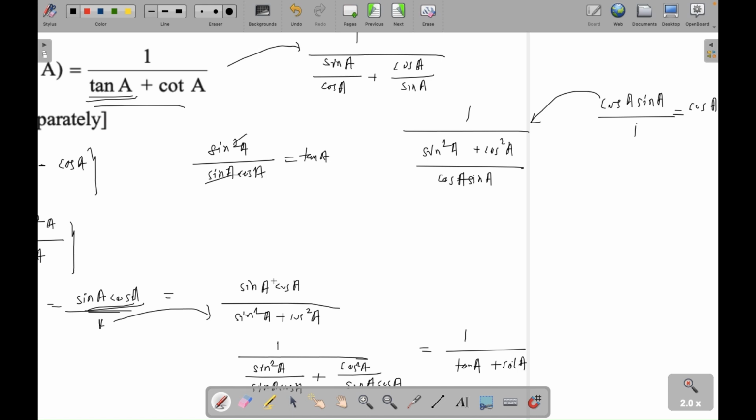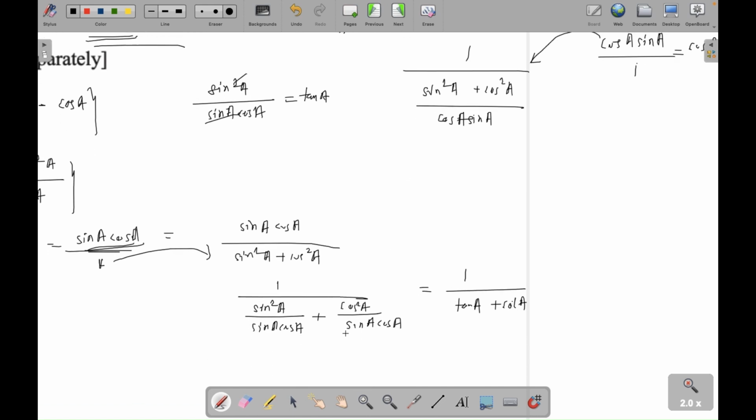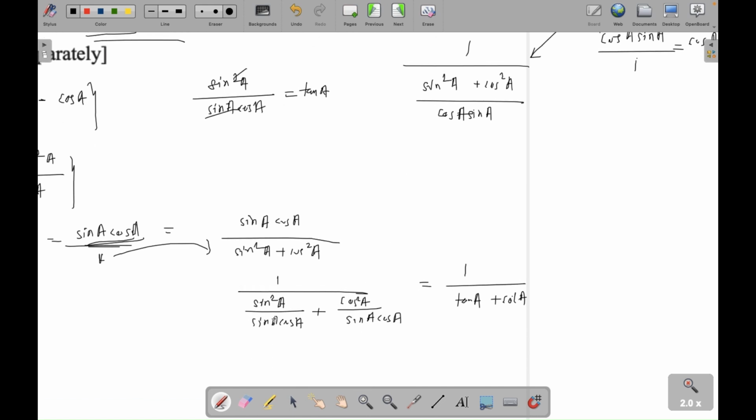Next, I have this sin square A plus cos square A upon cos A sin A. Right. So I'll take this cos A sin A to the denominator, and then split it equally, which is 1 upon sin A upon cos A plus cos A upon sin A, which is what we got here by eliminating the terms. And then I have 1 plus tan A plus cot A.